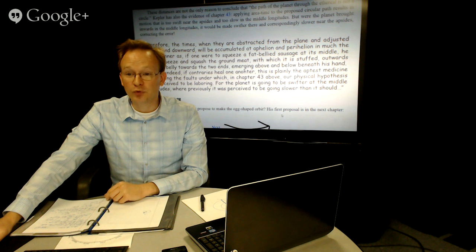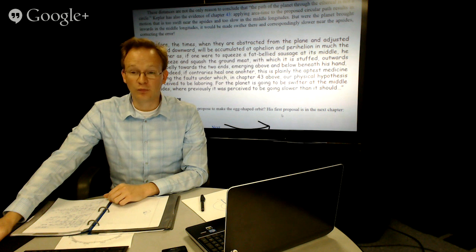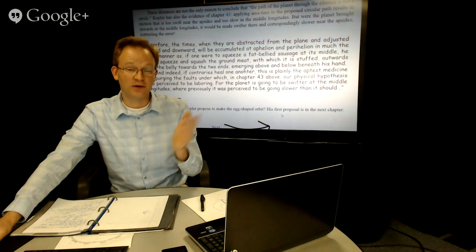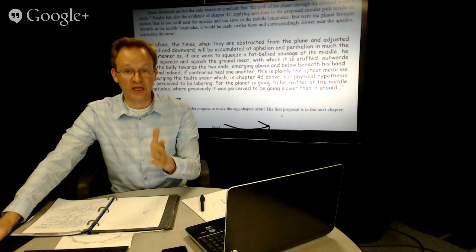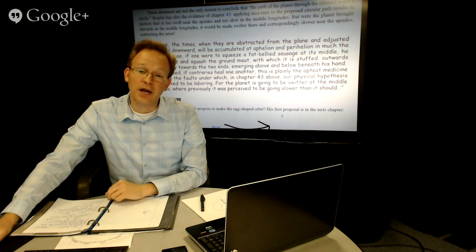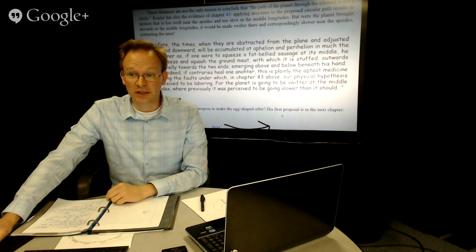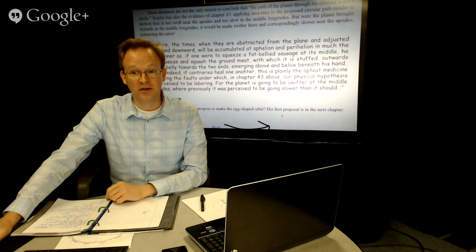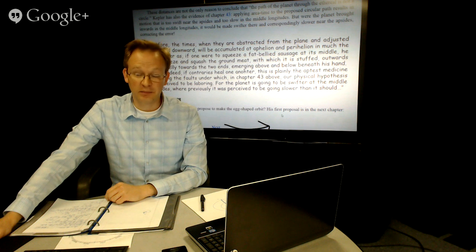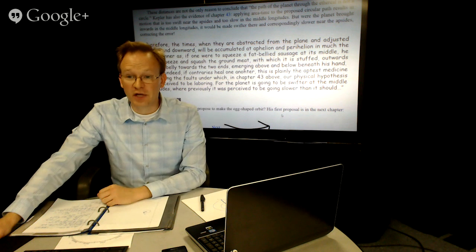There is one to redo the calculations in 43 for the eccentricity of either 45, 90, or 135. Recalculate the mean anomaly there and the equated anomaly, and then plug in the mean anomaly to the vicarious hypothesis and see if you get the same thing. Just double check and see if you got the numbers that Kepler did.